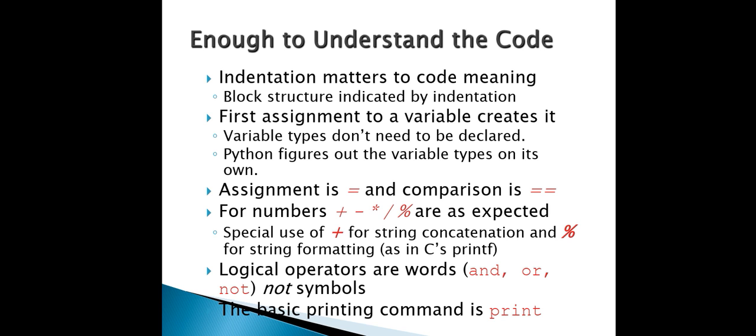Block structure is indicated by indentation. First assignment to variables creates them. Variable types don't need to be declared; Python figures out the variable types on its own. Assignment is the assignment operator, equal.